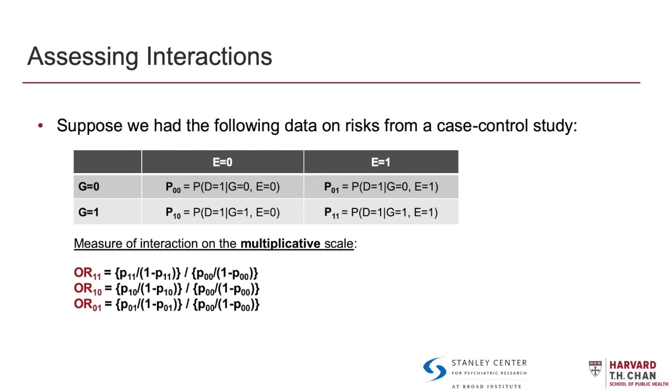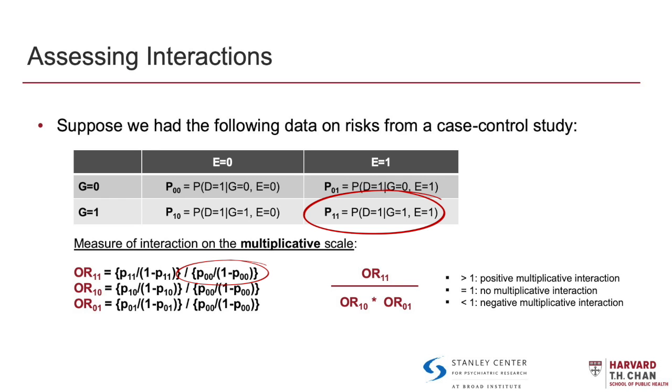So the odds of a disease in the presence of both exposures would be P11 over 1 minus P11. We would divide that with the underlying odds in the absence of both exposures, which would be P00 over 1 minus P00. We would do the same thing for the environmental one as well as for the genetic risk factor and calculate the odds ratio for the specific cells.